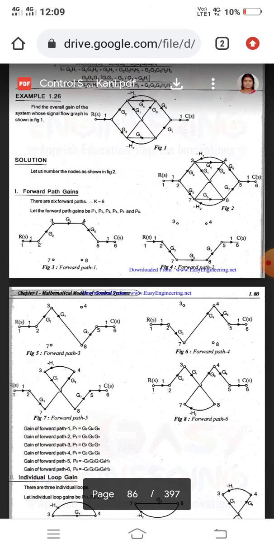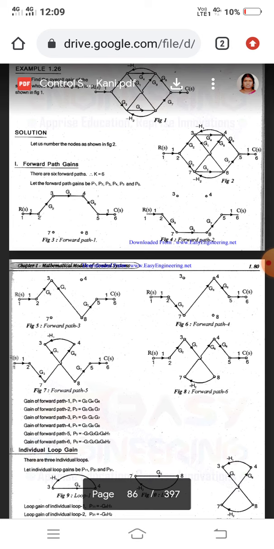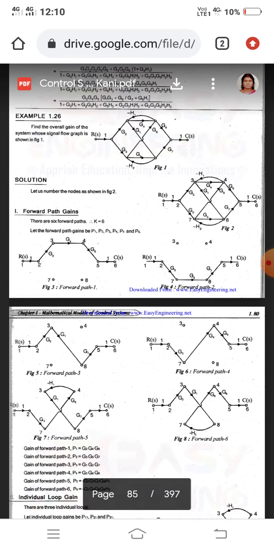You may ask me, in this problem there is no letter representation, so how do you say 1, 2, 3, 4, 5, etc.? Here we put a number on each and every node for our identification.